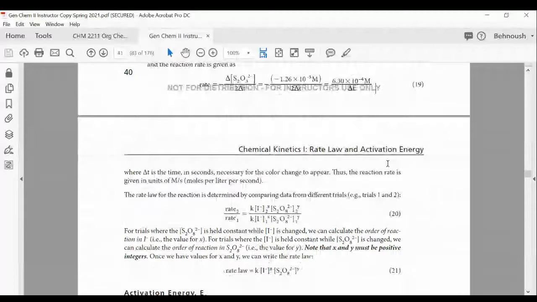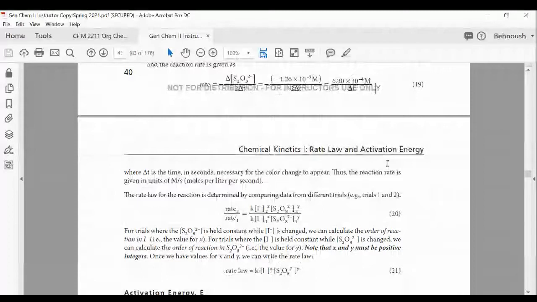So you are going to find the value for X, you are going to find the value for Y using different steps.